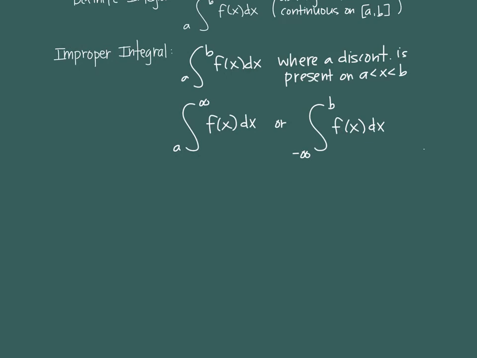It is possible to find the area for some of those integrals, and we call that converging area. Other times, it is not possible and the area diverges, and so it's not possible to find it. We call that a divergent integral. So we're going to talk about convergent versus divergent integrals.